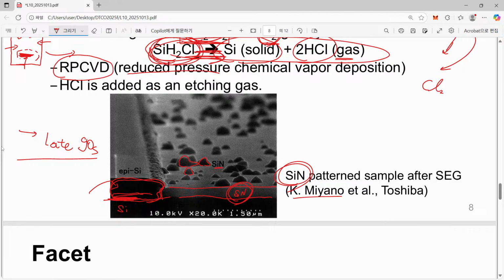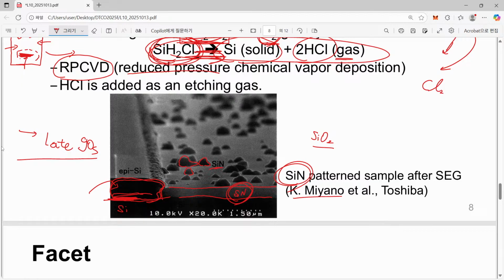In the same paper, they did the same patterning for silicon dioxide, and on top of silicon dioxide we don't have any of this nucleation. So it is very difficult to form this silicon chunk on top of silicon dioxide, but it is easy to make it on top of silicon nitride.